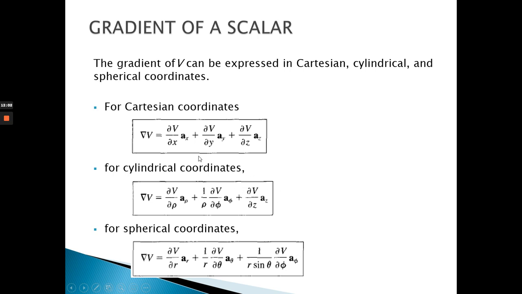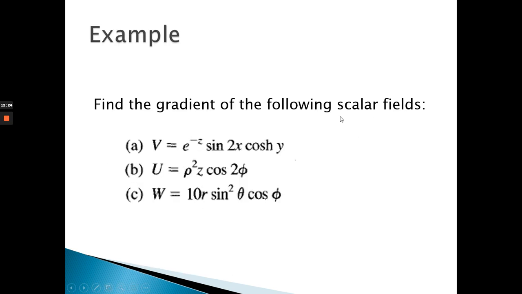If it's given in spherical, you do it in spherical. If it's given in cylindrical, you do it in cylindrical. If it's given in Cartesian, you do it in Cartesian. However, to detect whether it is Cartesian, cylindrical, or spherical, it's up to you, because I already taught you how to find out.